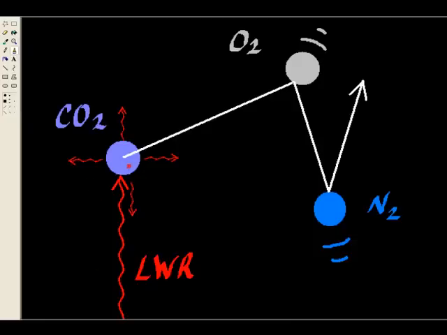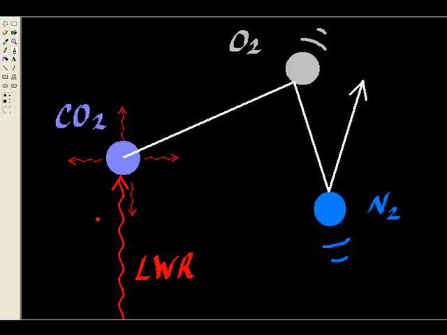So no matter where the carbon dioxide is, it can't escape the long-wave radiation. Now some of this long-wave radiation may have come from blocks of atmosphere either above or below this picture. Some might have come directly from the surface of the Earth. But all the time, carbon dioxide is receiving long-wave radiation.